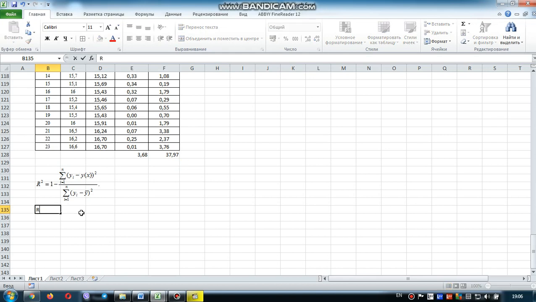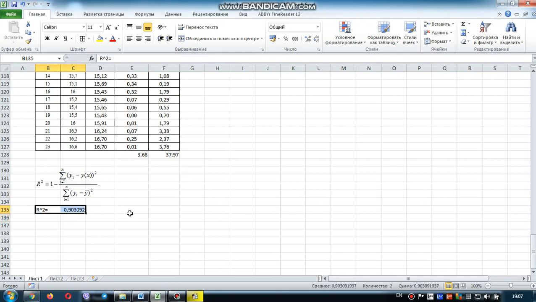And this is minus here. So we have already inputted in our Excel cell this formula: 1 minus numerator and denominator.